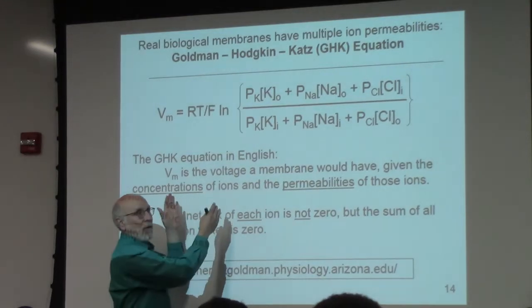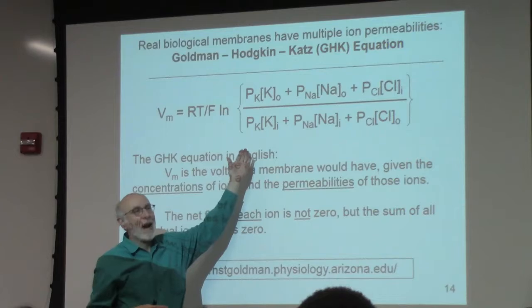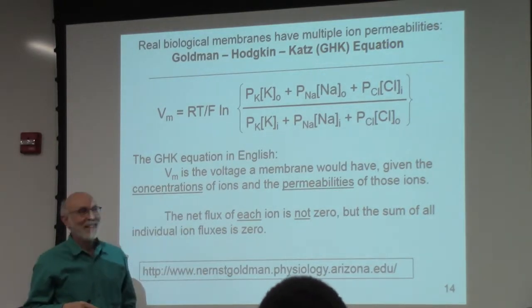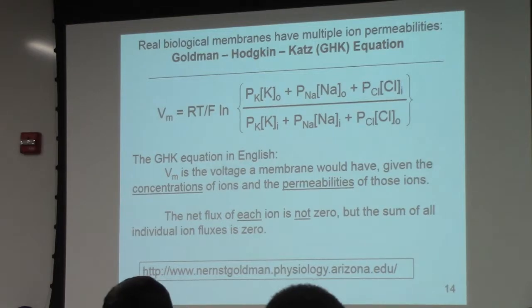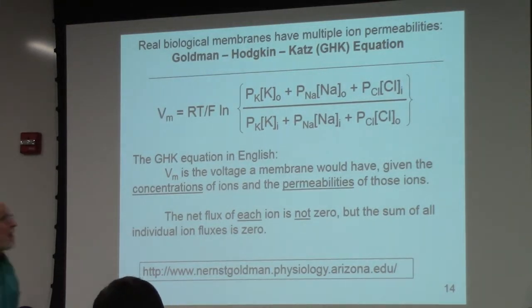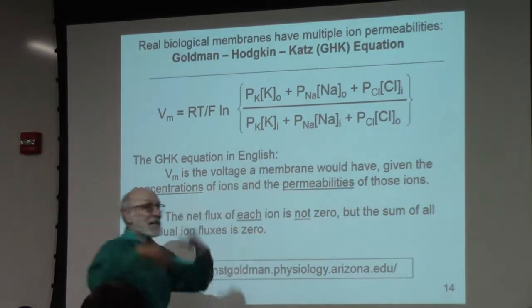A negative logarithm, I don't want to do the math. This is correct. The difference is chloride is negative and sodium and potassium are positive, and that's why this is upside down relative to this. Magic of logarithms.